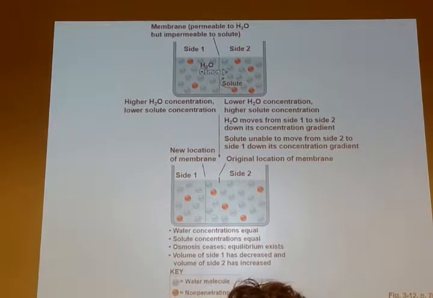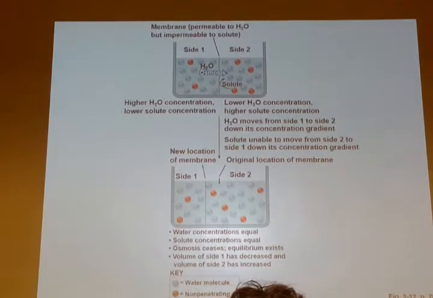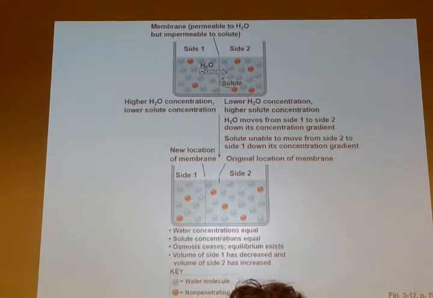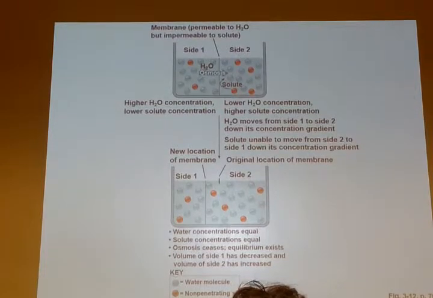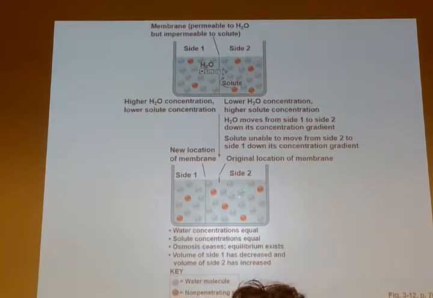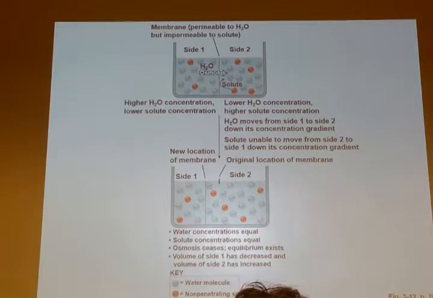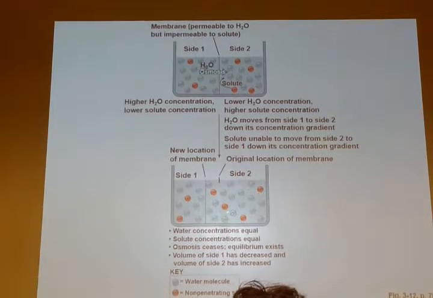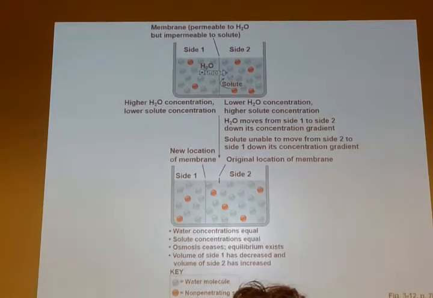So we started in the middle, but where's water going to move? From 1 to 2, so water goes to side 2. Now the volume in side 2 goes up, which pushes your membrane to the left, and now your volume on side 1 is smaller and volume on side 2 is larger.